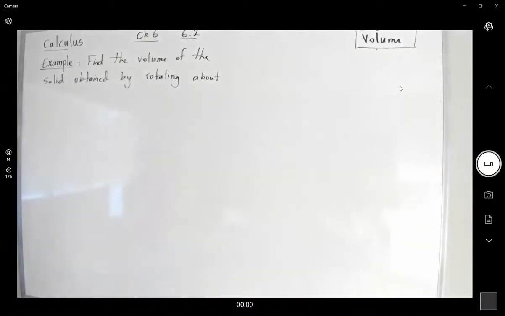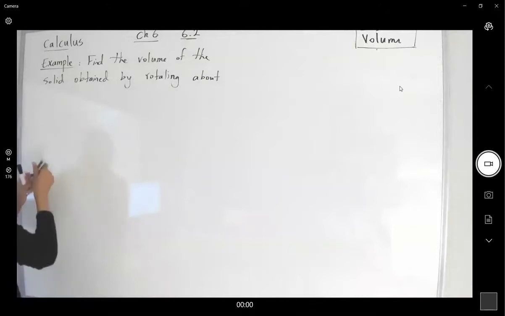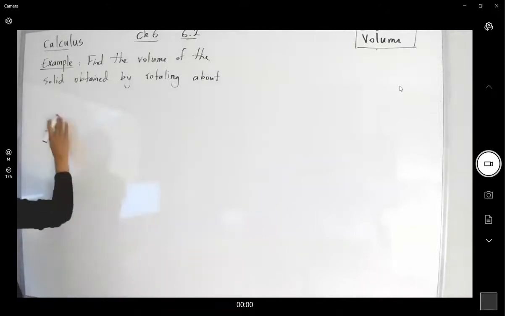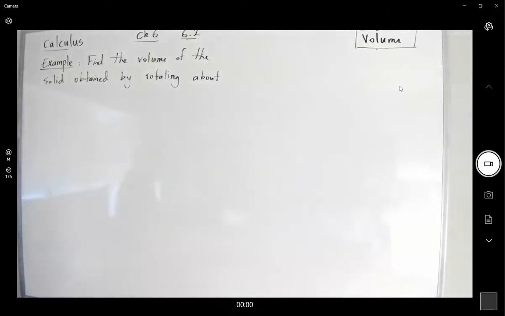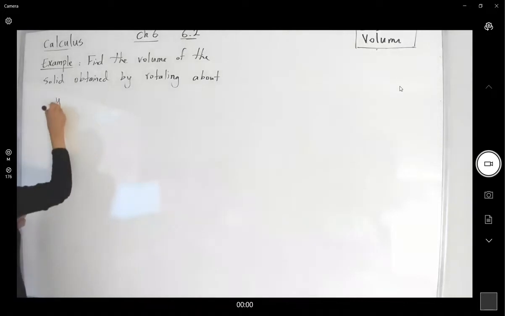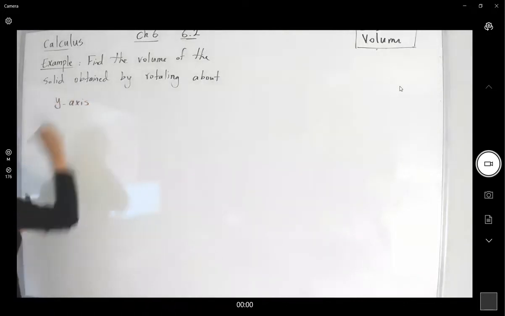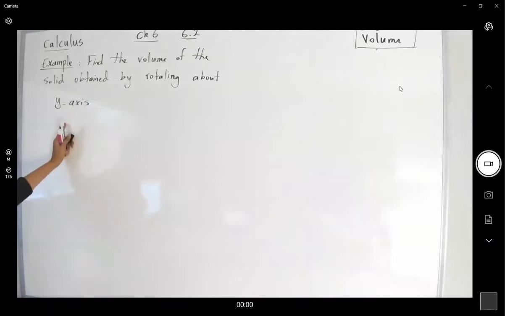So this example says, find the volume of the solid obtained by rotating the region bounded by the following curves about the y-axis. So now we're changing that from the x-axis into the y-axis.